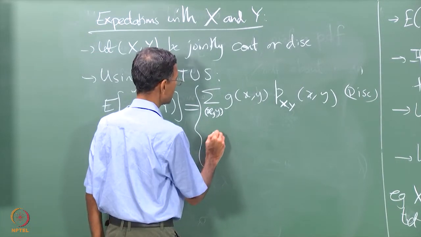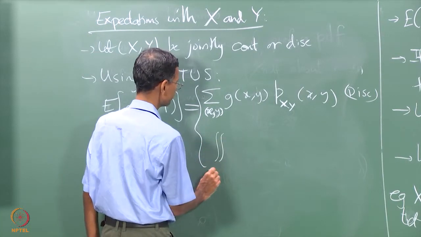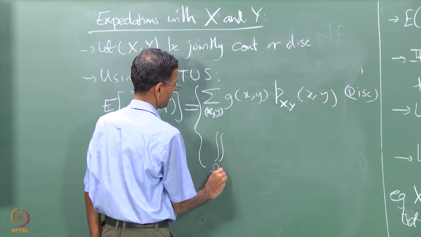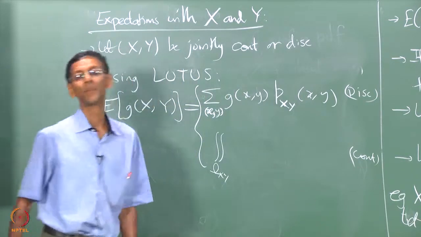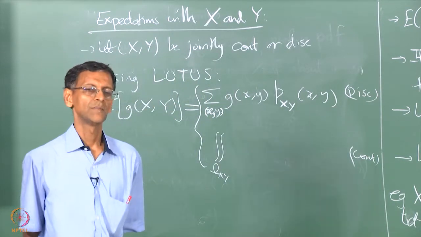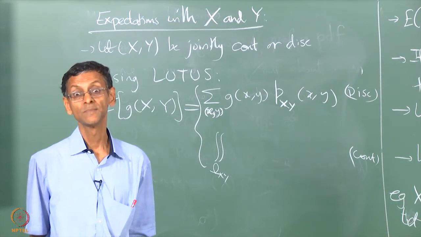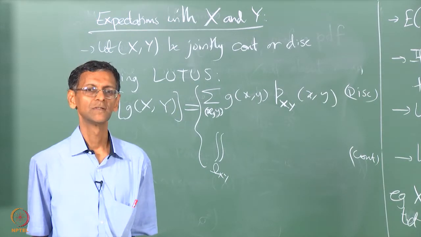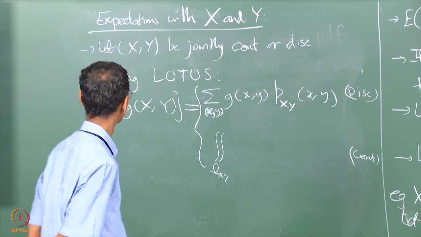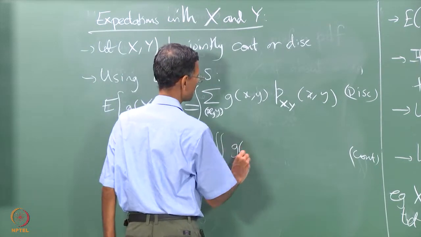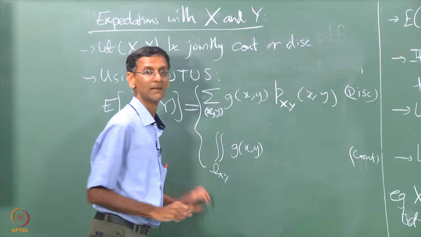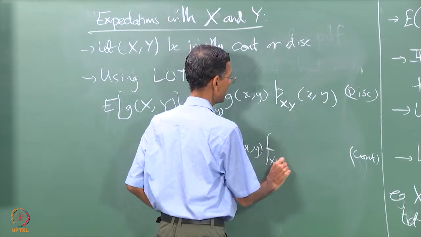Then of course for the continuous case, what do we do? How do I write it out? g of x, y times the joint PDF f x y.